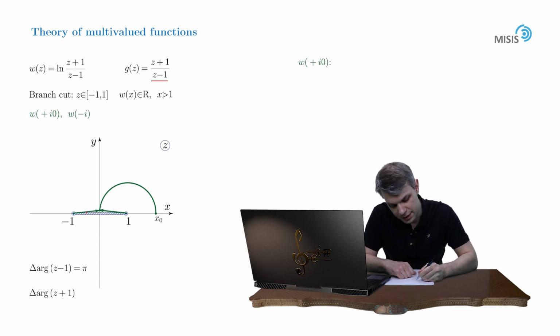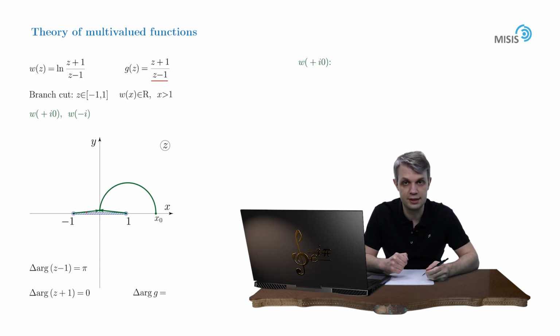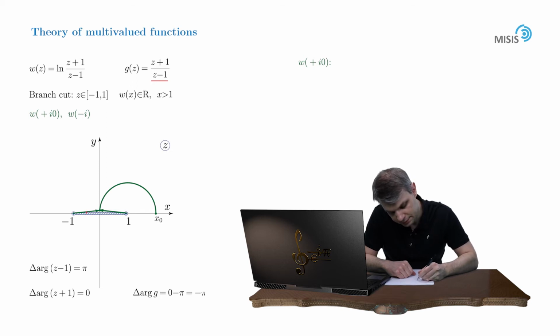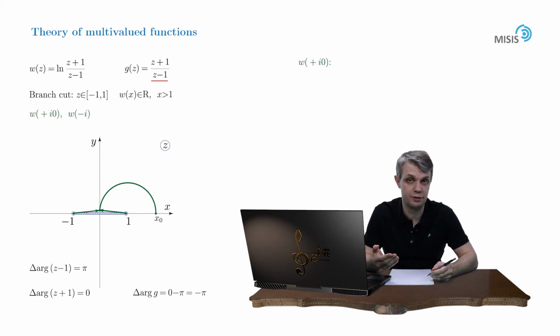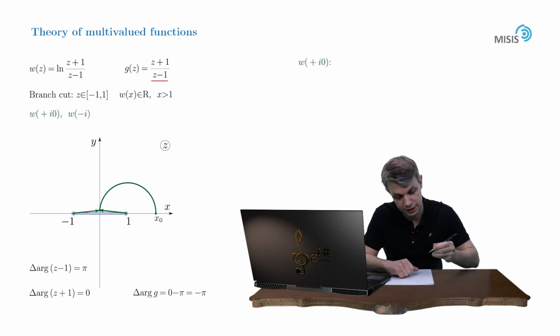So delta argument of z plus 1 is 0. Then the change of the argument of g function is the change of the argument of its numerator minus the change of the argument of its denominator. So it's 0 minus pi. We obtain negative pi.